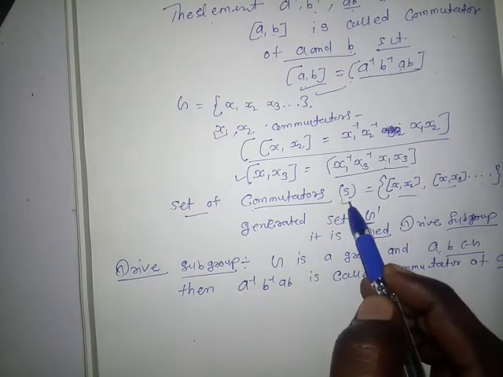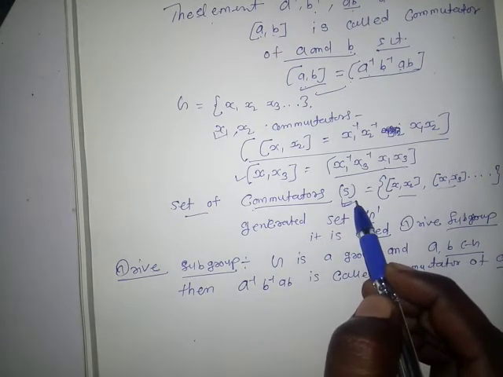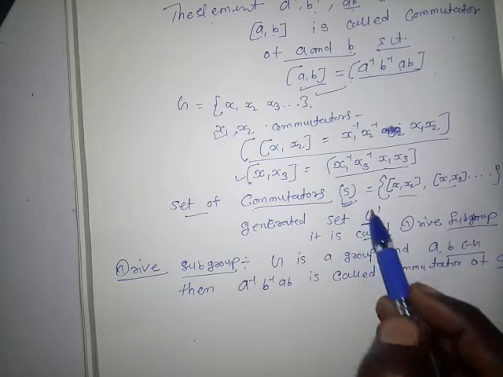We also write here S is the set of all commutators of group G.